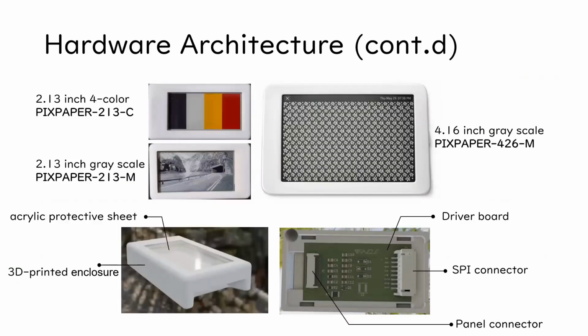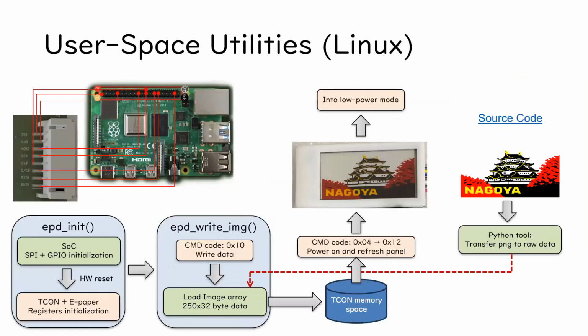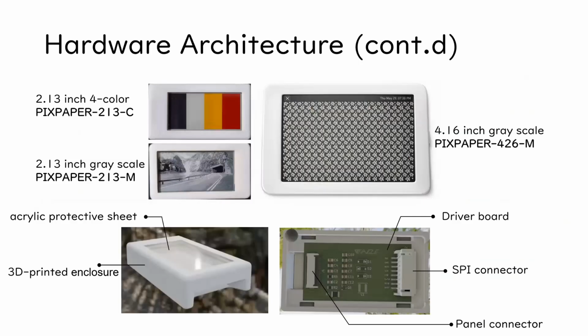And here are the current products in our community. We have two kinds of sizes. The first one is 2.13 inch for color and monocolor e-paper, and the right side is the bigger one, a 4.16 inch color grayscale e-paper model.